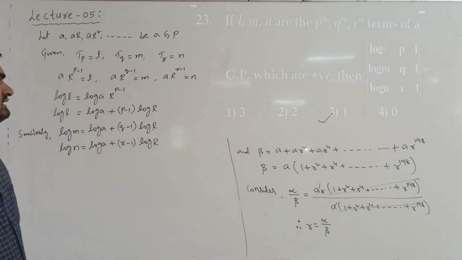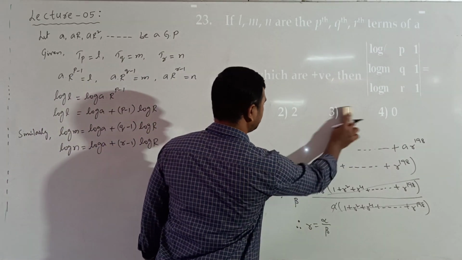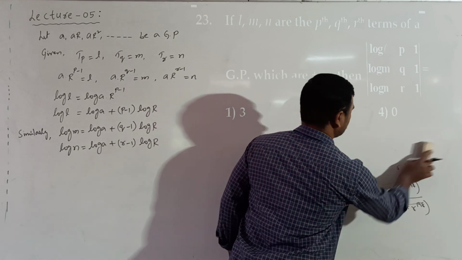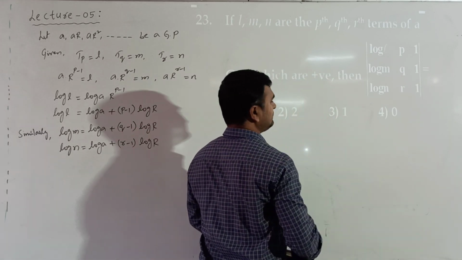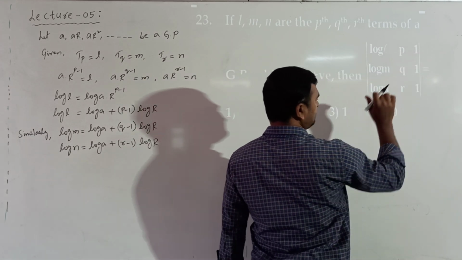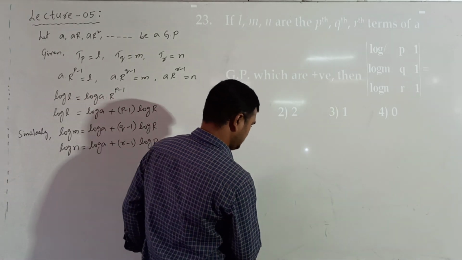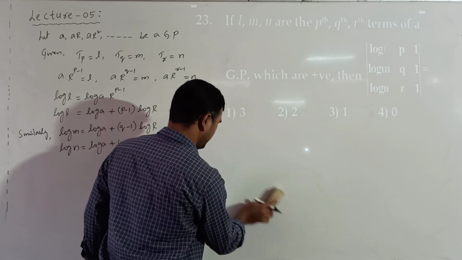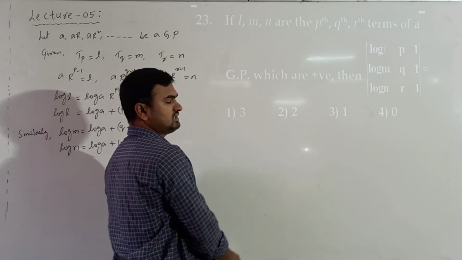Now we have to find this determinant value. Observe the determinant. We have 1, 1, 1 in the third column. To expand the determinant, we will use the properties, because direct expansion will be lengthy.